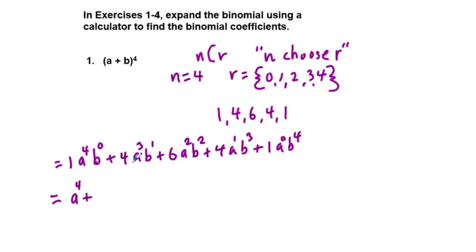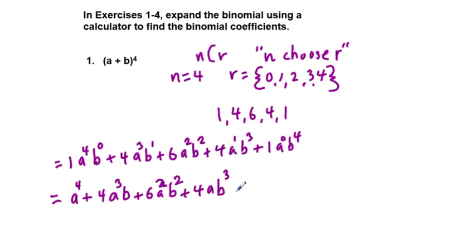Plus we have 4a cubed, a to the third power, and b to the first power is just b, plus 6a squared b squared, plus 4, a to the first power, which we'll just leave as a, b cubed.